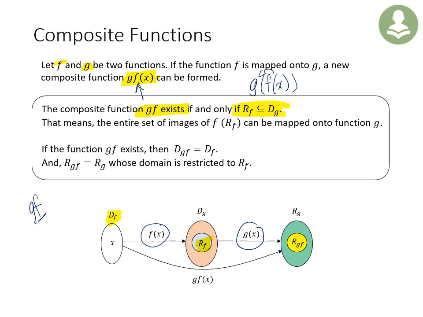The range of f is a set of values, and to ensure that this set of values can fit into g, it would mean that this intersection here is going to behave like a nut and a bolt. All values of the range of f have to fit into the domain of g, and that is the reason for this condition to check if a composite function exists.